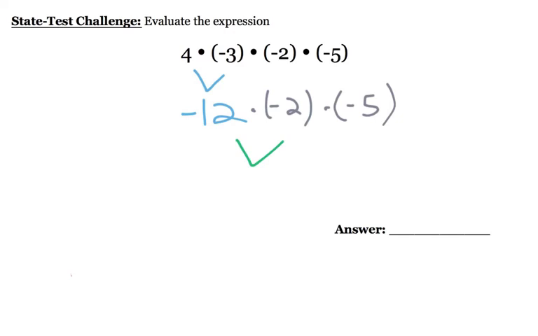So they have the same sign, so I know that that's going to come out to positive 24. And now I have 24 times negative 5. So now I just need to figure out 24 times 5, which if you do, you get 120, but those are different signs, so that's why the answer is negative 120.